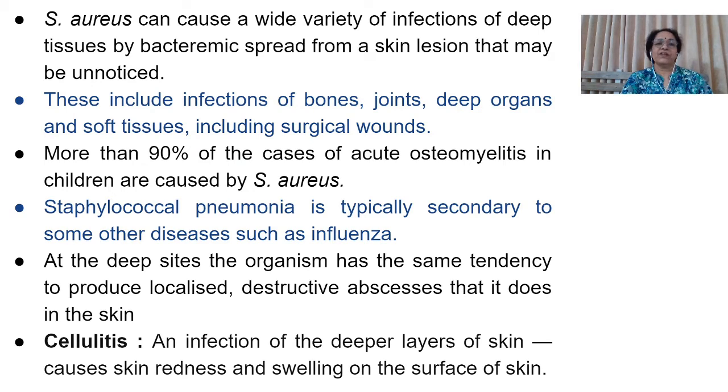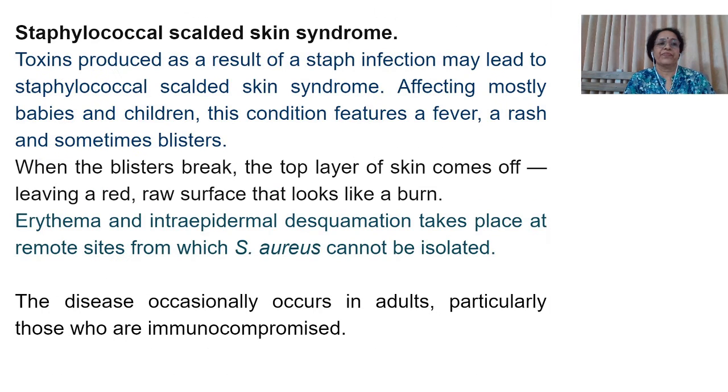An important disease caused by staph is cellulitis also, an infection of the deeper layers of skin which causes skin redness and swelling on the surface of the skin. Staphylococcal scalded skin syndrome is one very important disease mainly in children by this organism.